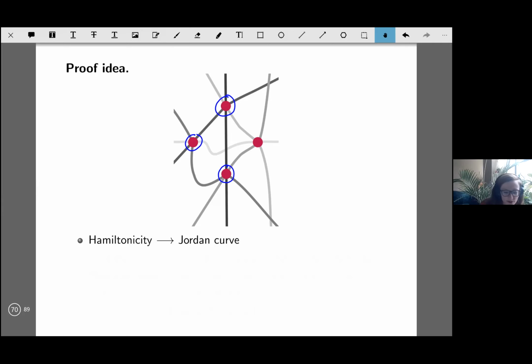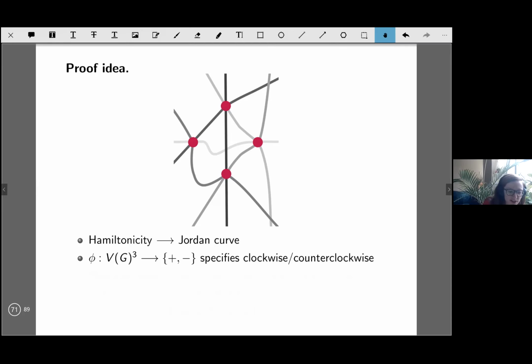So we're going to have a function phi. By this notation, I mean the set of all ordered triples of 3 distinct vertices. For each ordered triple of 3 distinct vertices, we're going to assign it a plus if that goes in the clockwise direction and a minus otherwise, in which case it's counterclockwise.